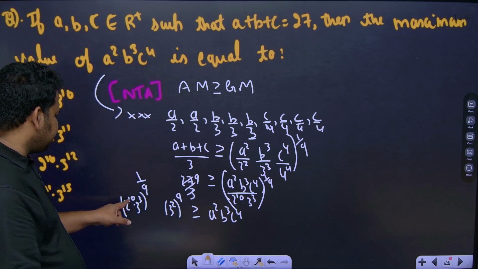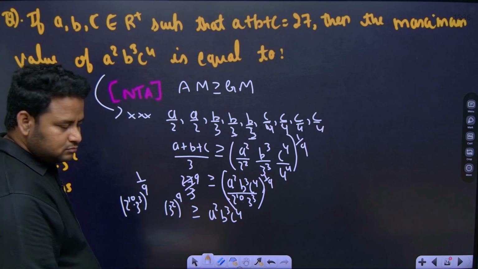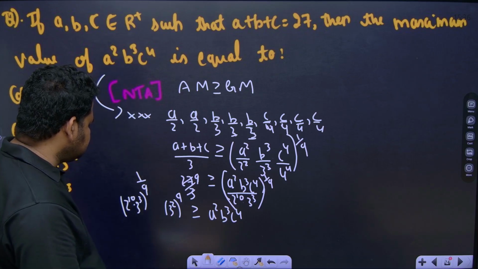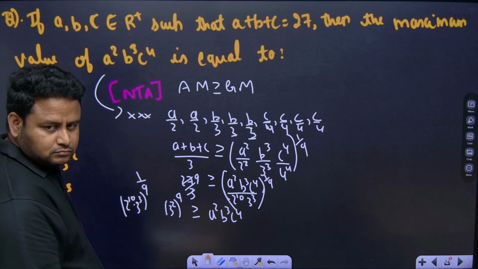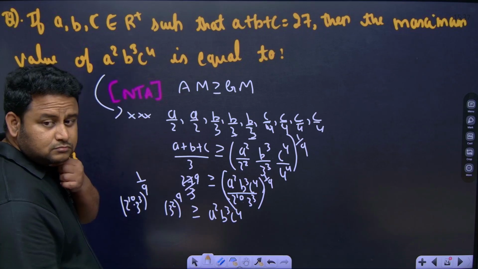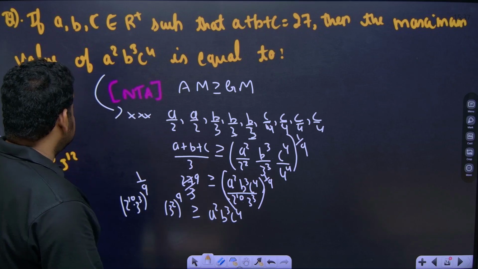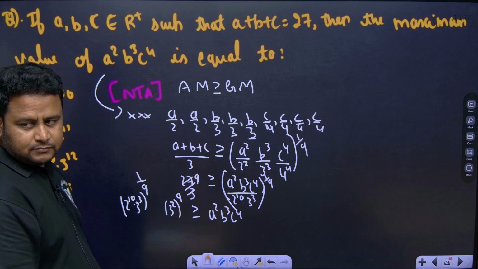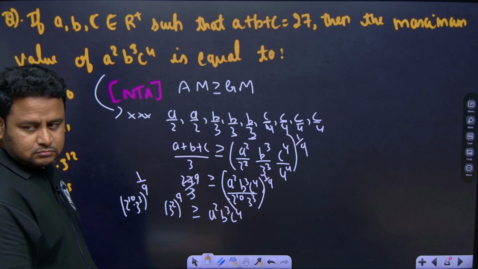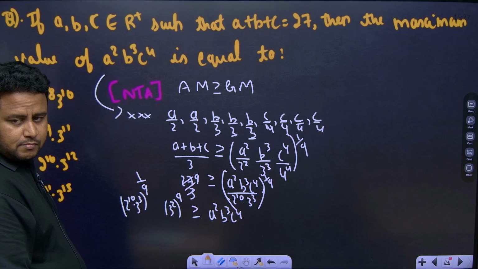Now, 2 to the power of 10 is there, 1 by 9 is there, 2 to the power of 3 is there. So, what I can do? You have to think. 2 to the power of 10 into 3 to the power of 3.